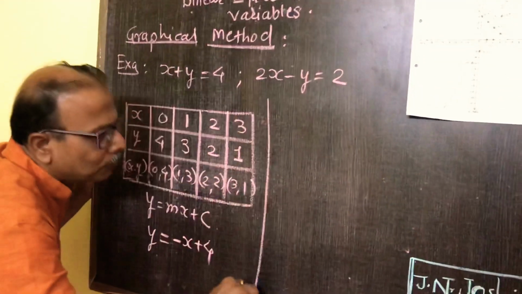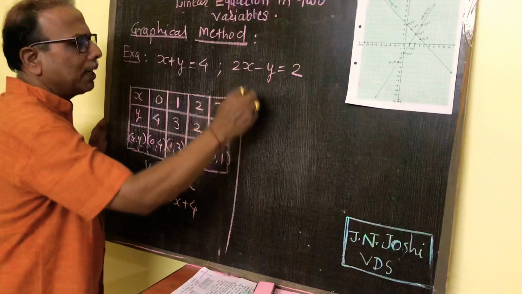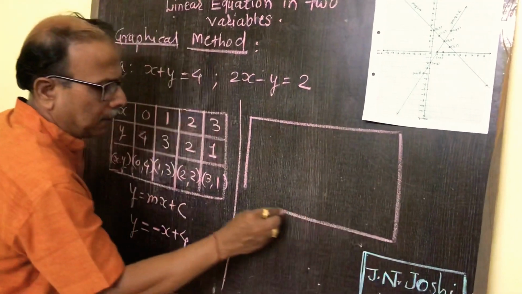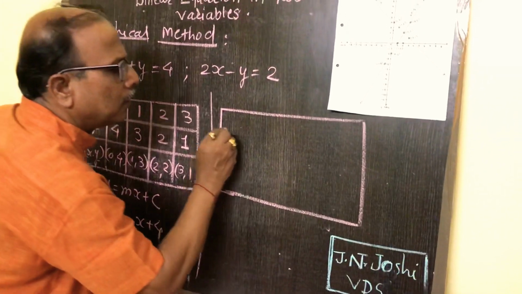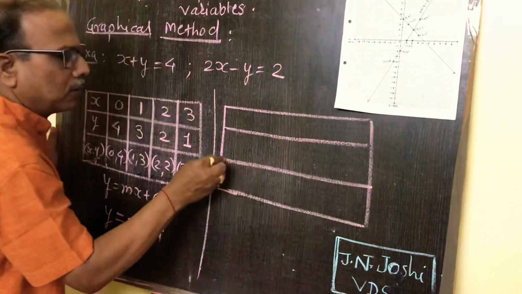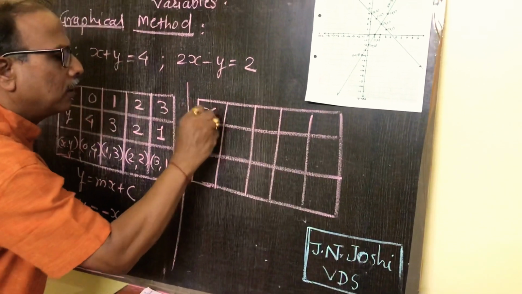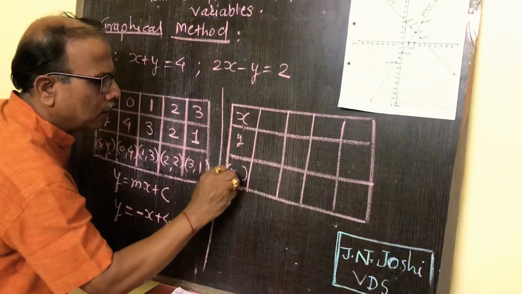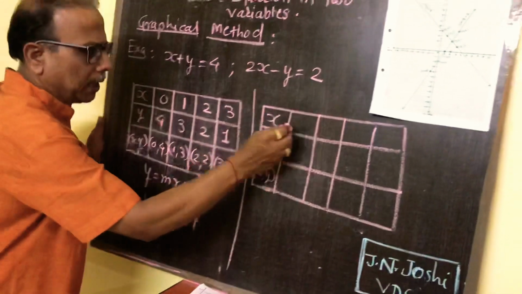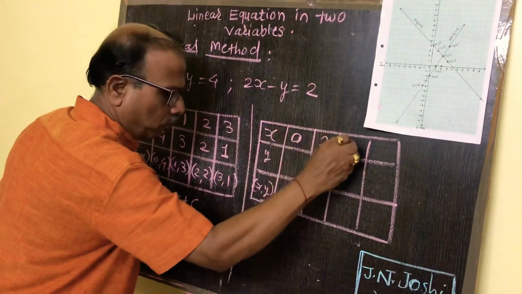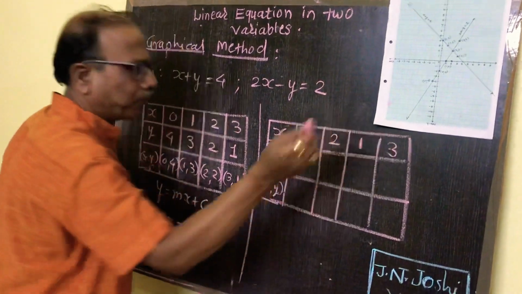Similarly, for the second equation, we can also prepare the table of solution set like this. You can take the values of x as 0, 2, 1, 3.